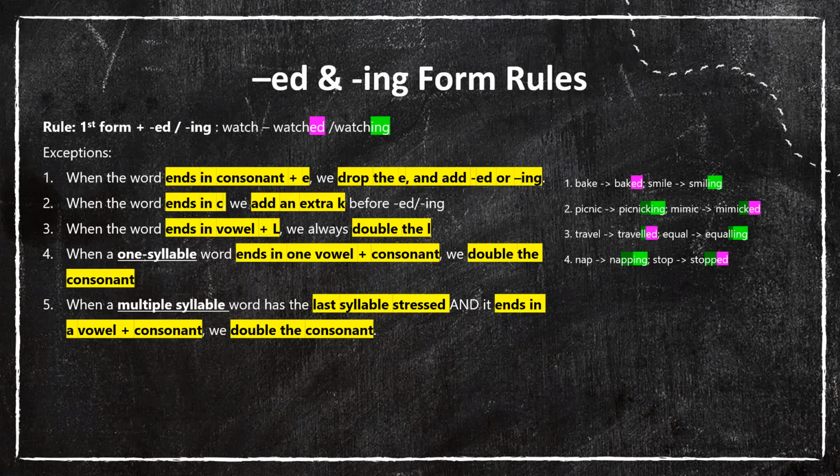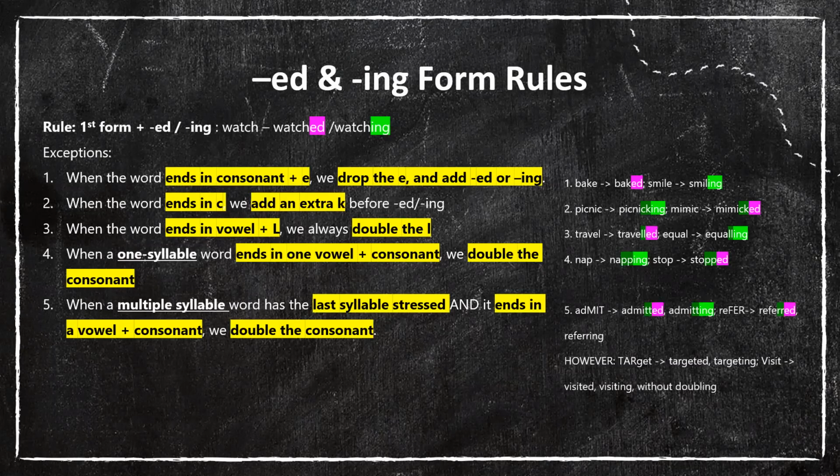So once again, if the stress is on the last syllable of the word and the word ends in just one vowel plus a consonant, we double the consonant. If the stress is not on the last syllable, we don't double the consonant. We also don't double it if there are two vowels before the last consonant.